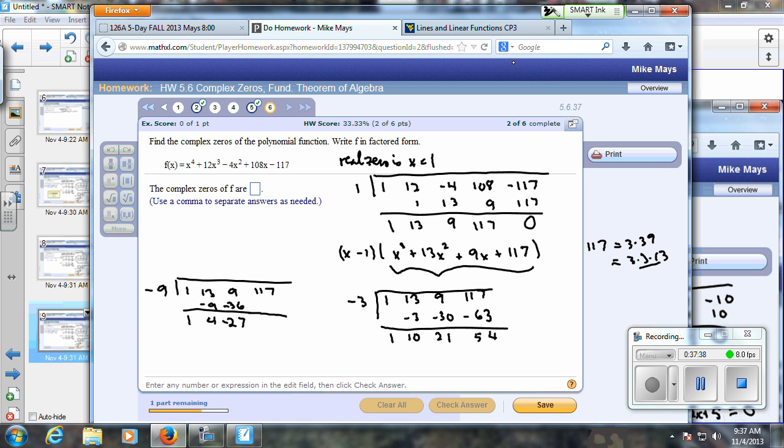Minus 9 times minus 27 is 243. Let me be careful here. It's too big, so it still didn't work.